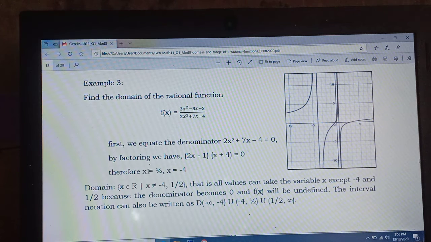In the same case, the obtained values of x are the restrictions, or these values do not belong to the domain. So the domain is x such that x is an element of R, such that x is not equal to negative 4 and x is not equal to 1/2. So x can take all values except negative 4 and 1/2, because the denominator becomes 0 and f of x will be undefined.